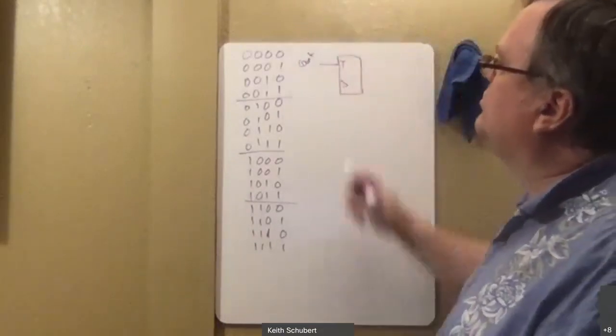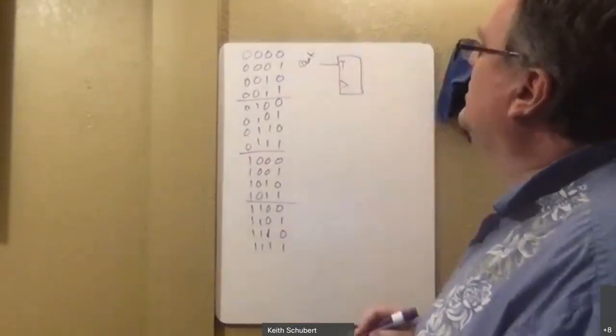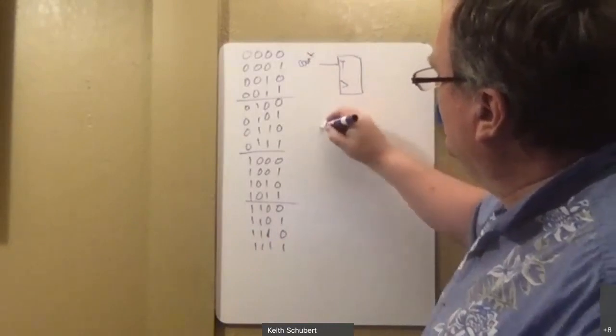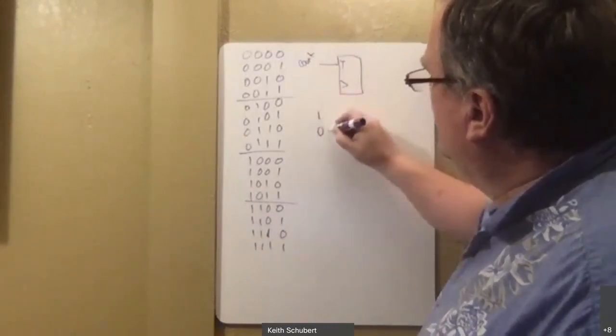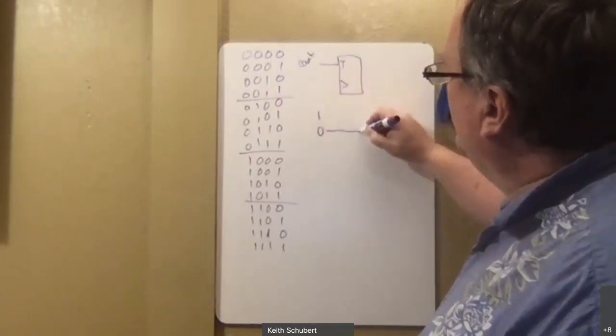So if I take a count as my signal coming in and I run it into the T, if you're not counting, so no count, no count. So this is the count signal.